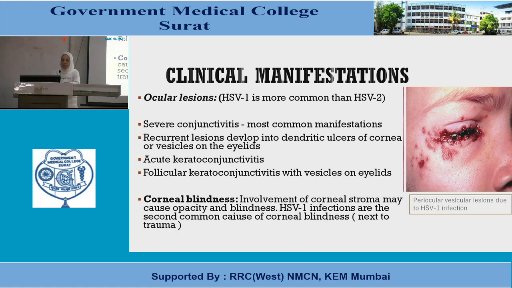They may have acute keratoconjunctivitis, follicular keratoconjunctivitis with vesicles over the eyelids, right? And it may lead to corneal blindness, as involvement of the corneal stroma may cause opacity and blindness. So HSV-1 infection is the second most common cause of corneal blindness next to traumatic injury. So when you have ophthalmic patients, you may think of HSV-1.